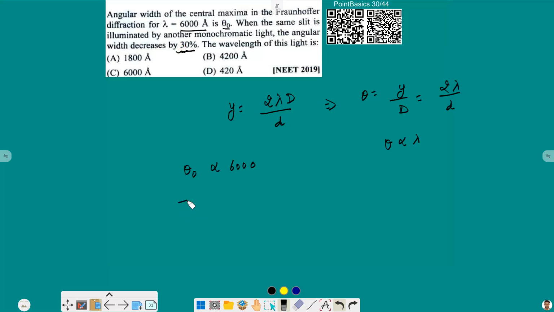So we can say 70 by 100 of theta naught is proportional to some value of lambda. Now we divide both of these and we get 100 by 70 is equal to 6000 by lambda. From this, lambda will be 4200 angstrom, and that is option B.